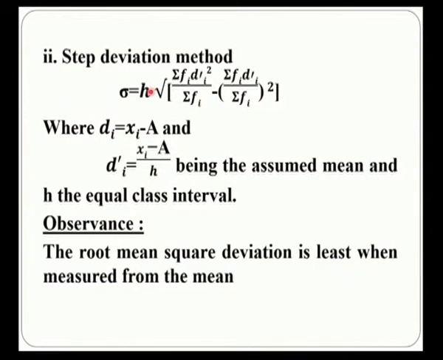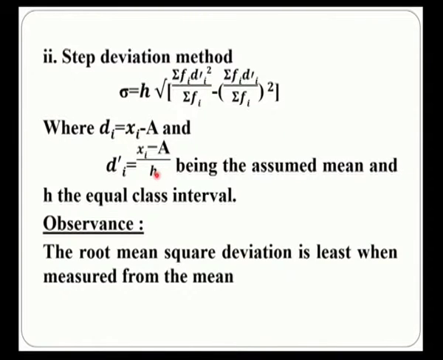So, standard deviation in step deviation method is sigma is equal to h into square root of summation of fi di dash square over summation of fi minus summation of fi di dash over summation of fi whole square, where this di is equal to xi minus a and di dash is equal to xi minus a by h.